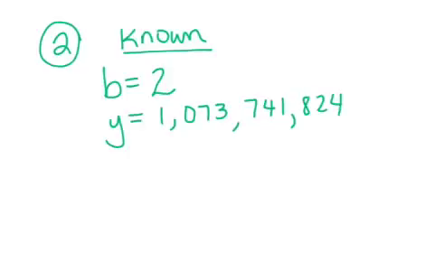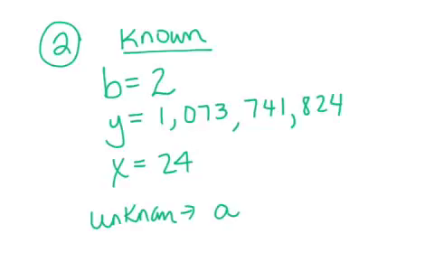We know our time, which happens to be x, is 24 hours. How many were they to start with? So our unknown is our a value, our initial value. Let's set up our equation.